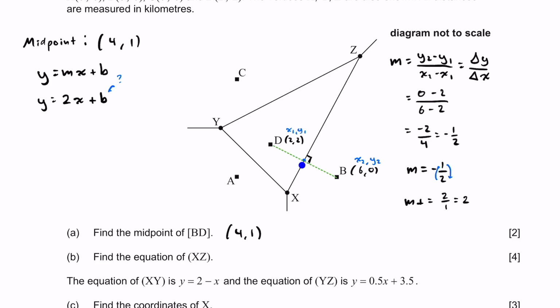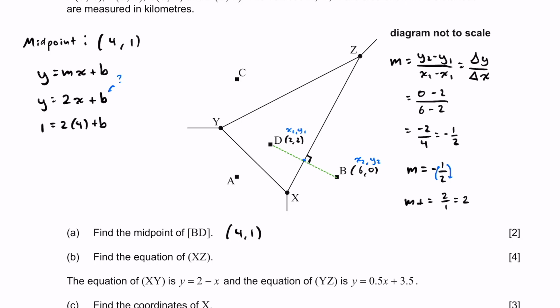Since it's a point on the line, it's a solution to the equation of this line. So we can substitute the x, y values into this equation, and go from three unknowns, x, y, and b, to just one unknown, b. One equation, one unknown, which we can solve. So y is equal to 1, x is equal to 4, and then plus b.